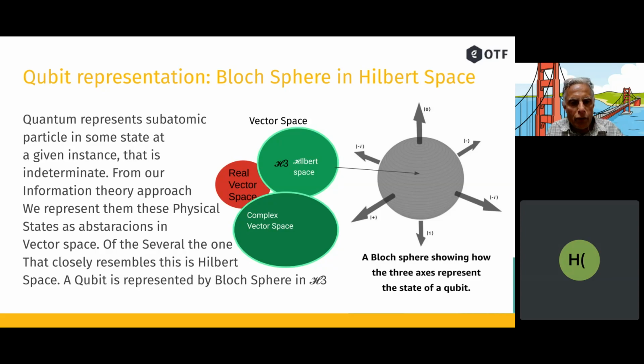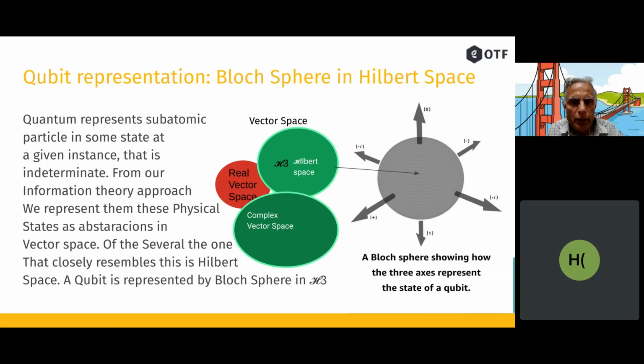So from our information theory approach, we represent these physical phenomena of a quantum subatomic particle state as an abstraction in vector space. And vector space is all pervading, in the sense that it is the mother of all, which includes real vector space, complex vector space, as well as the specific one we need for quantum computing, called Hilbert vector space.